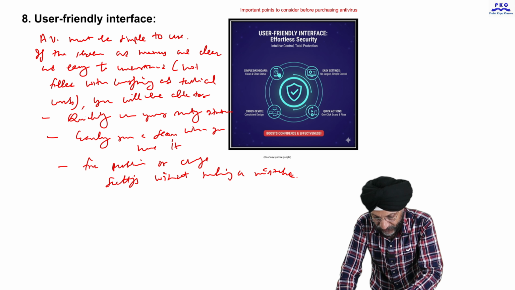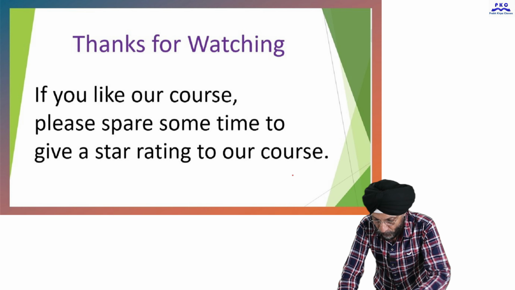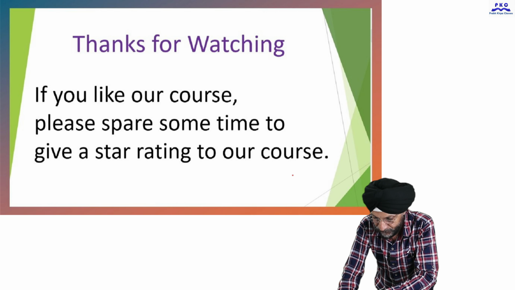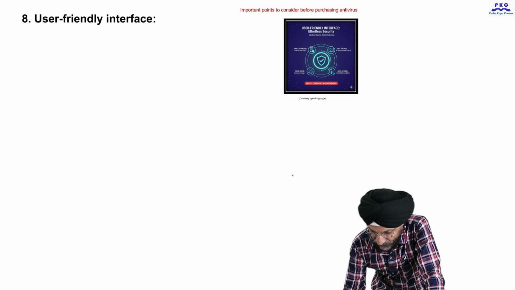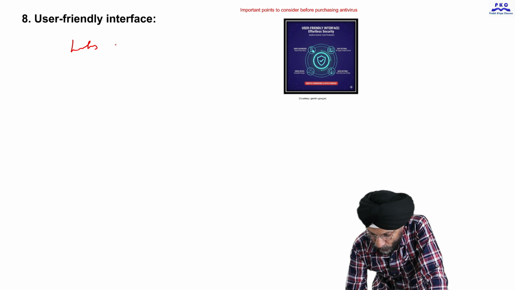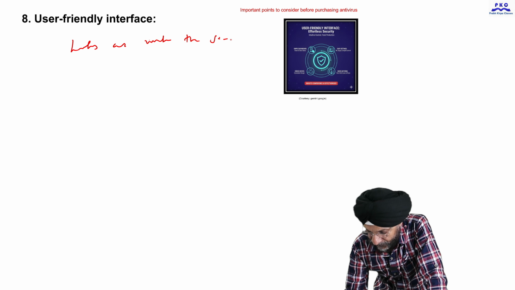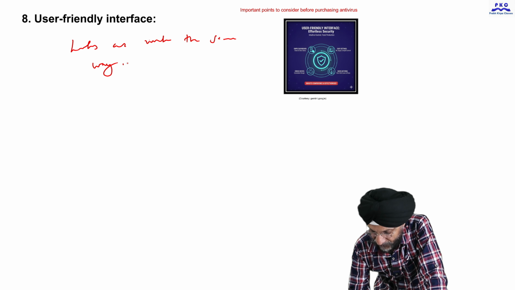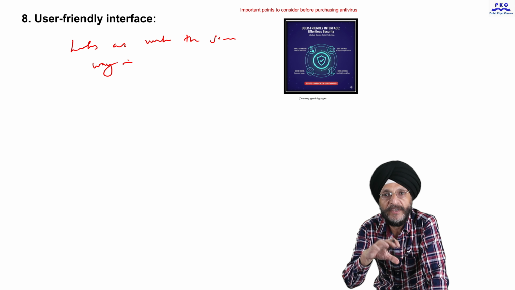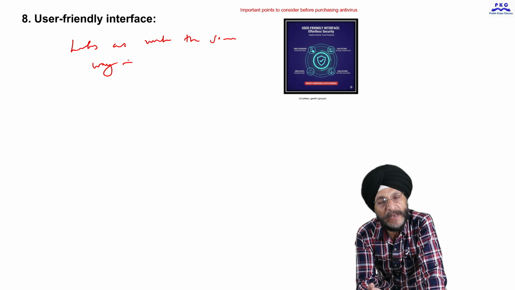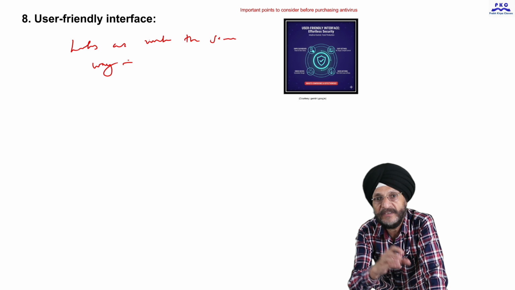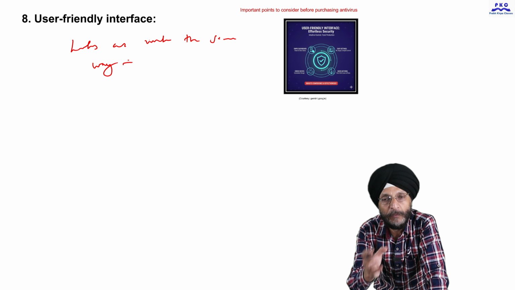So again, we should look for an antivirus software which looks and works the same way, whether you are using it on your mobile device or on your computer system or on your laptop, whether it is PC, laptop, or mobile phone.